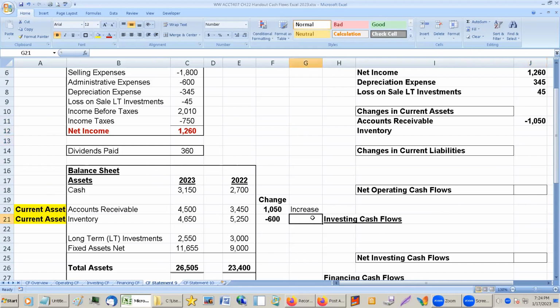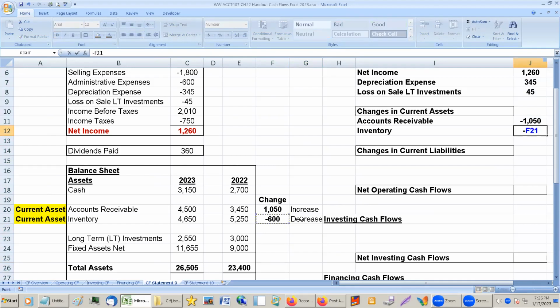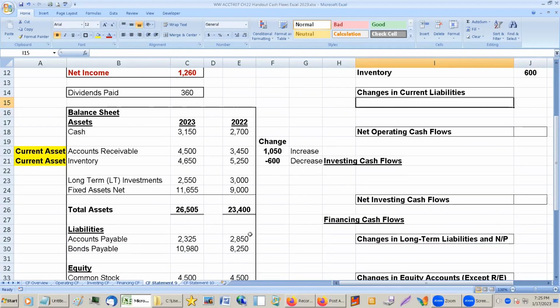And this was a decrease: inventory went down by 600. So plus or minus? Plus. Good. We must have sold $600 of inventory, so our cash must have gone up.